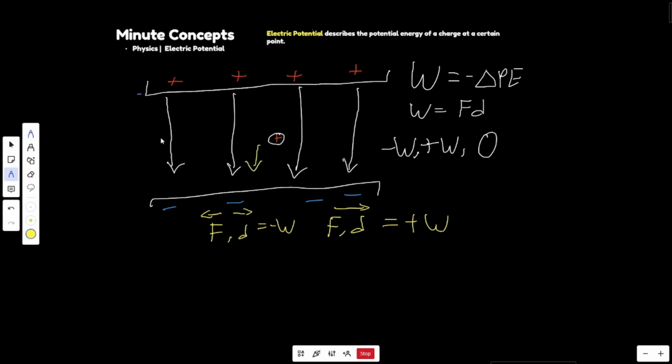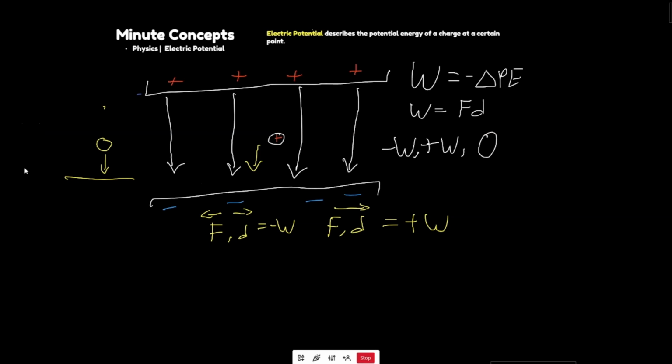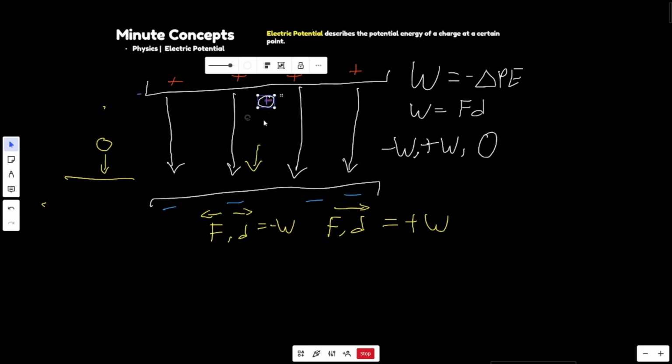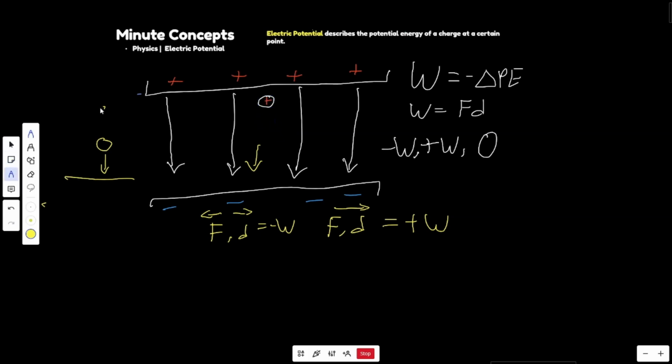So it's like having a ball thrown up slightly above the ground. Its potential energy isn't that high. It's kind of close to the ground already. Now what happens if I move the ball a bit more upward? Now it has a higher potential energy and the arrow is longer. This arrow is longer, so it now possesses more potential energy.